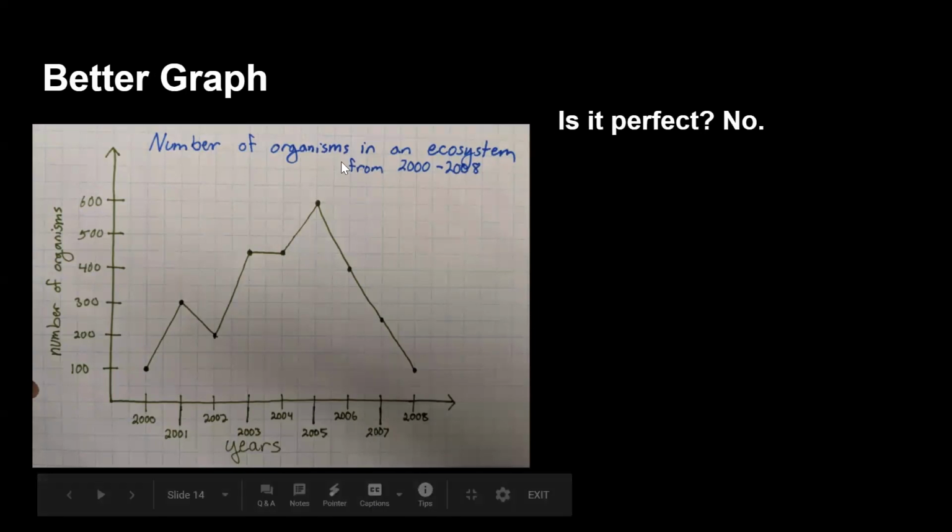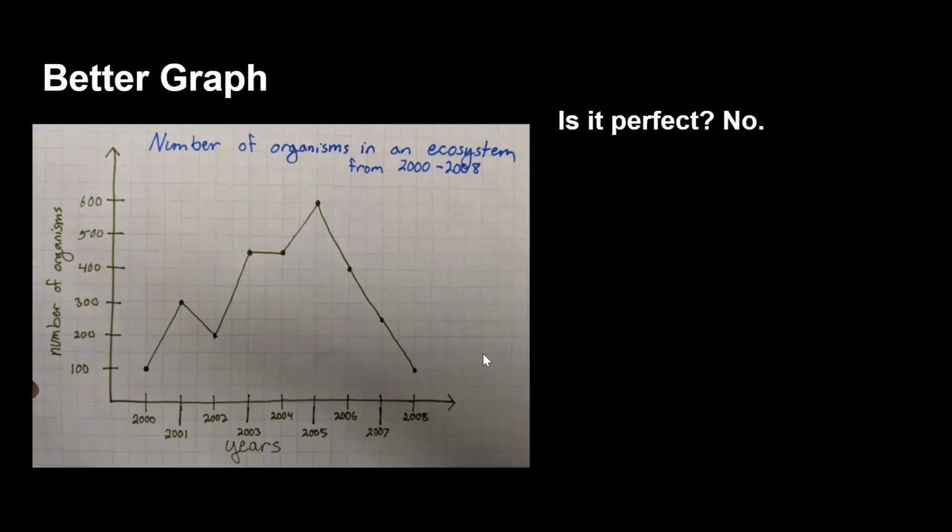The graph uses its space effectively. No, I don't have a key, but again, I didn't need one because I'm just counting number of organisms, so I didn't need to re-specify that over here. But I do have a title that explains what the graph is about. Is this graph perfect? No, absolutely not. But would I give it a fair score now because of all that detail that was added? Yes.